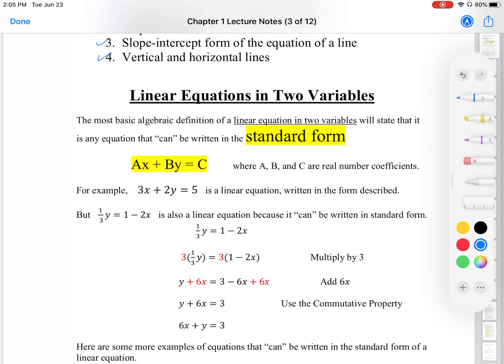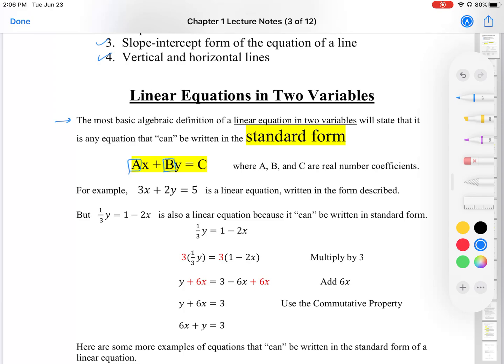So let's begin with the standard form of an equation. Linear equation in two variables. The most basic algebraic definition of a linear equation in two variables will state that it is any equation that can be written in the standard form ax plus by equals c, where a, b, and c are real number coefficients, meaning these guys right here.